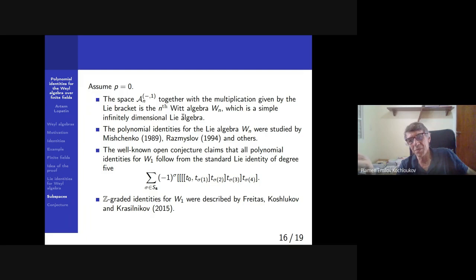The dimension is very low. You have dimension 6, so it is easy to decompose into a sum of two irreducibles. So it goes straightforwardly. And so this algebra is simple, so it is not soluble, and it cannot satisfy any identity of degree 4. And I think it is, but I'm not sure of this, you have to look for Mishchenko's papers, that this is the only one in degree 5, but I'm not quite sure.